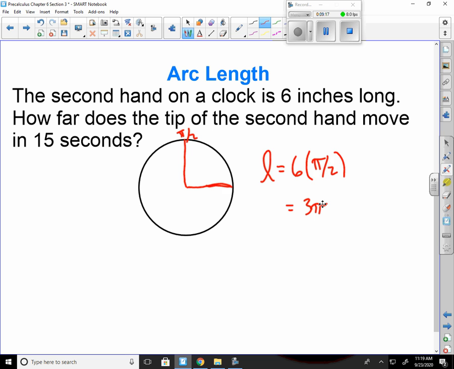This gives me the distance that my arc traveled was approximately 9.42 inches.